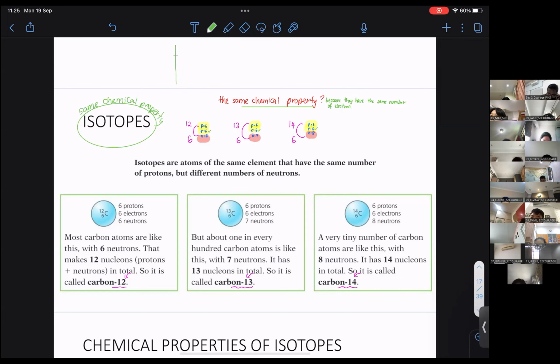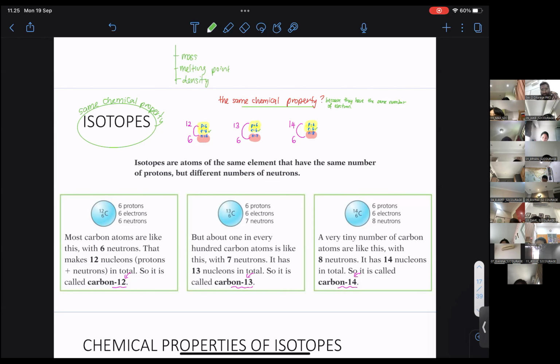What are the physical properties just now? Mass, melting, boiling point, density, freezing point. Okay, all these are the examples.